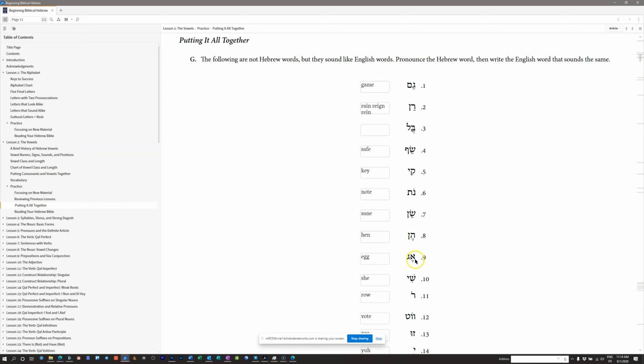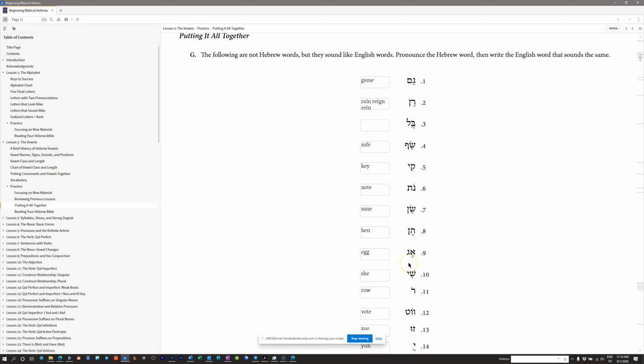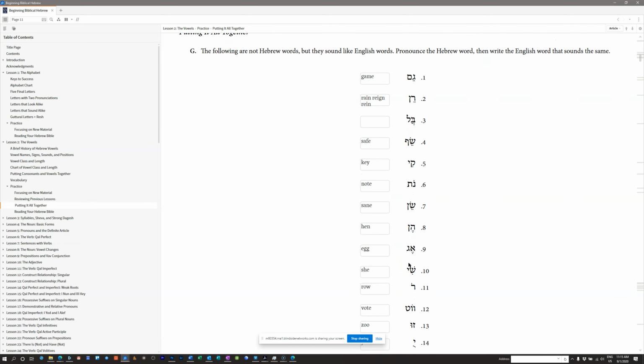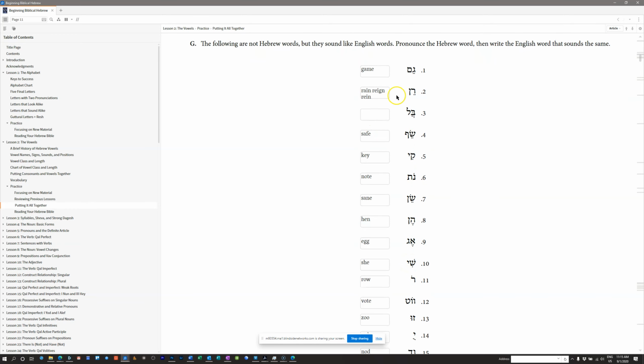Well, that's not how people on maybe the East Coast would say it. They would say it with a short E rather than a long A. So just go with it. The other exercises won't be as frustrating, but just try as best as you can to give an English word that approximates the sound that the Hebrew letters are making.